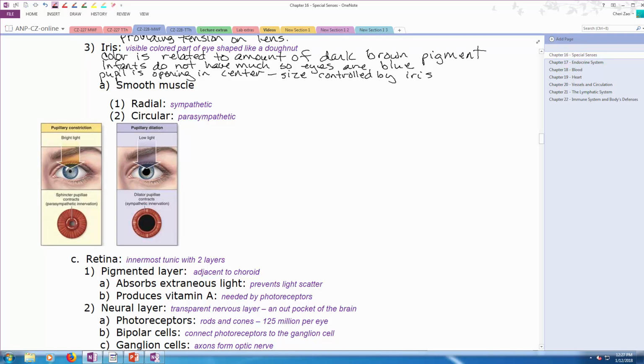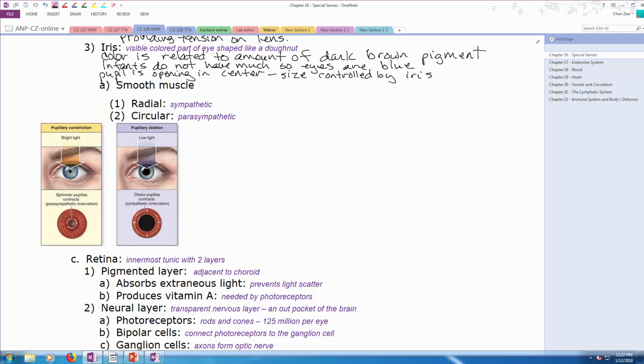Surprise, surprise. The ciliary body was smooth muscle, wasn't it? This also is smooth muscle because it is not under our voluntary control. And one of the things that is different about this smooth muscle is its control mechanism. This smooth muscle acts like what kind of muscle in your body? Skeletal muscle. So you have an immediate response.